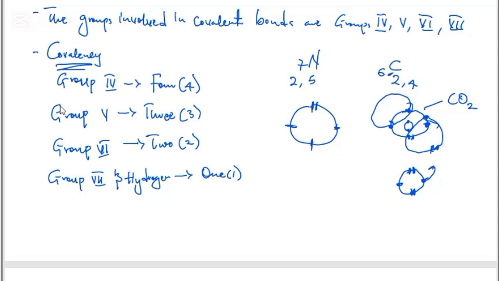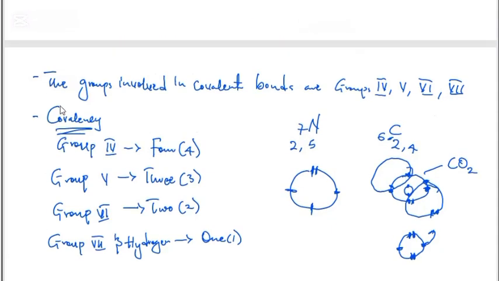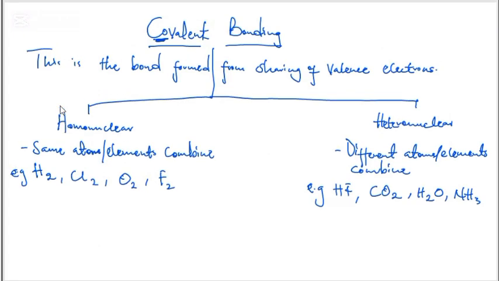So let's go back to our homonuclear molecules. What happens if hydrogen, the first element, has 1 electron, then another hydrogen comes with 1 electron. For them to look like helium and get a duplet state, they will come and share these 2 electrons.